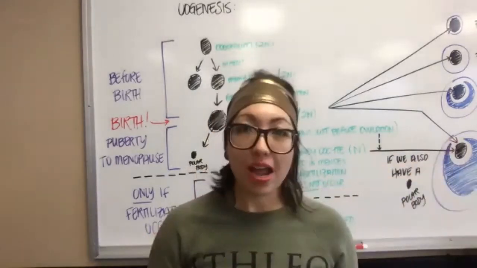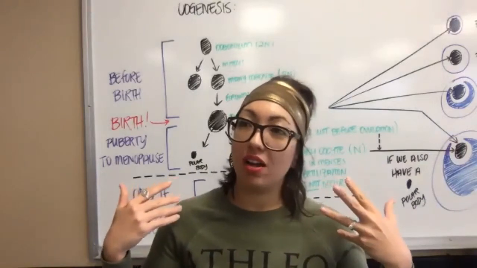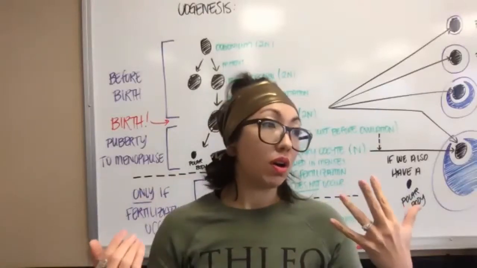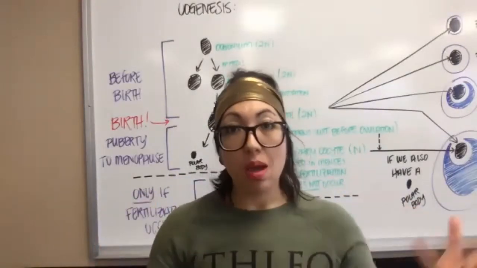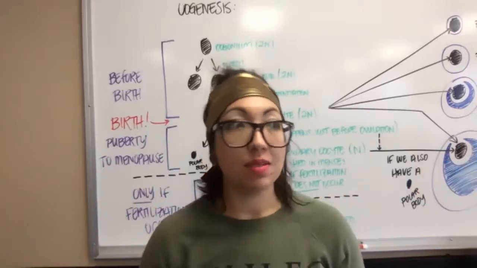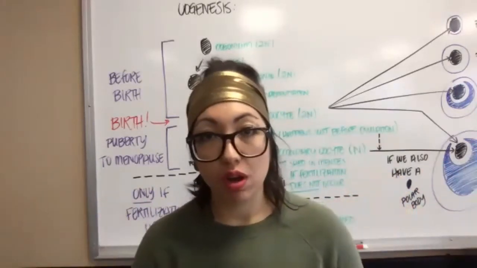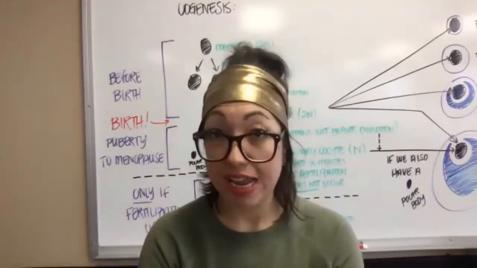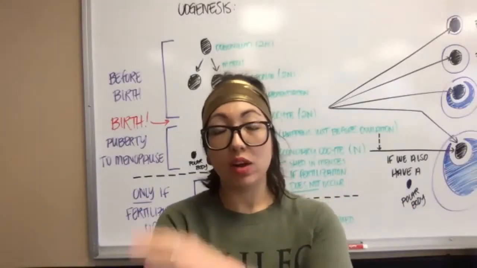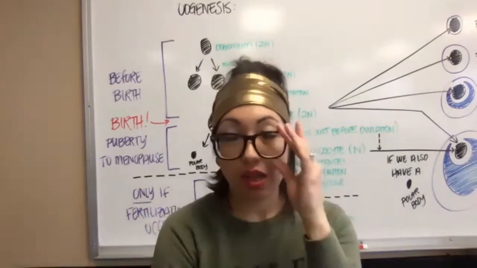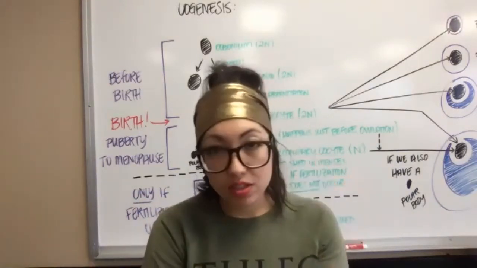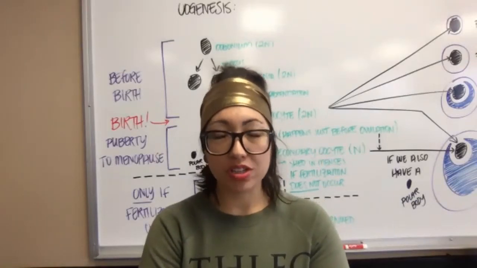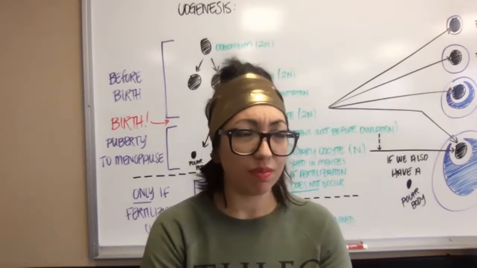But time just tends to do a number on our body. The older we are, the more environmental factors might affect our bodies, the more time mutations have to have the ability to occur, at least the chance. So this is why the older a woman is when she becomes pregnant, there tends to be an increased risk for complications, but by no means is that across the board.